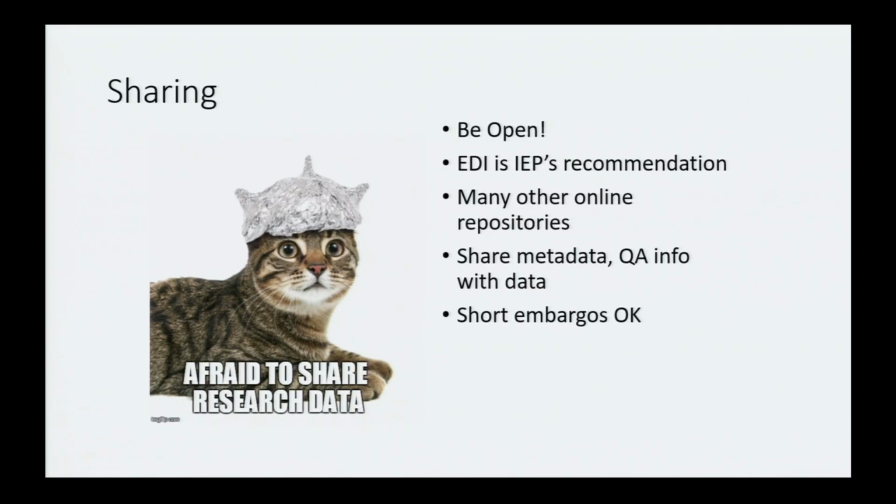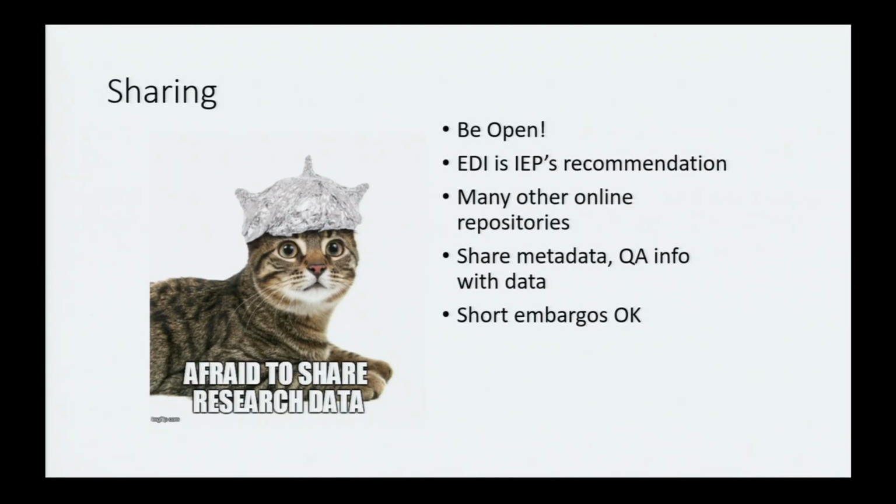Many agencies have specific ones they like to use, especially USGS has really good data standards for archiving as well as sharing. But the important thing is make sure that you share really thorough metadata and quality assurance information with your data so that a data user can really understand it.